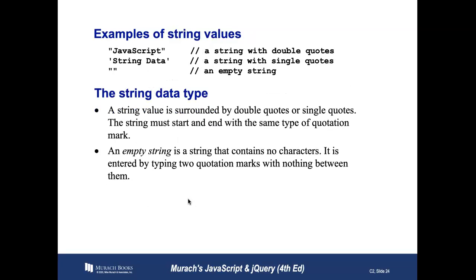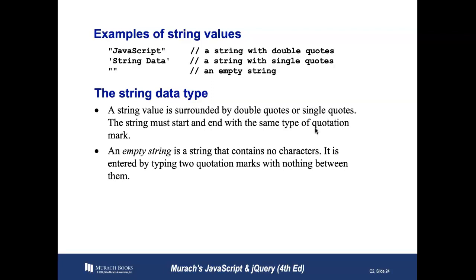These are string values. You can see the interchanging of double quotes and single quotes. You can use either one, but they must start and end with the same type of quotation mark. If you ever make that mistake, the console will tell you. As long as you keep the console open, you'll see these errors.